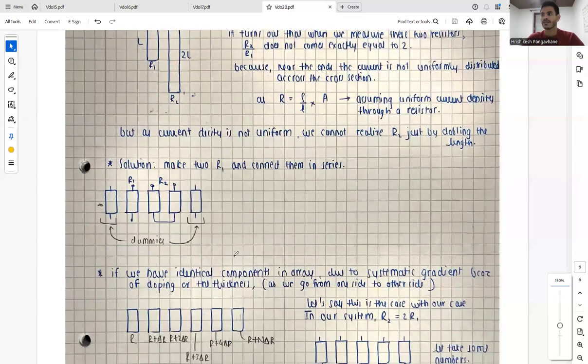But again, if we have identical components in an array, due to a systematic gradient, let's say a system is designed from this side to this side.